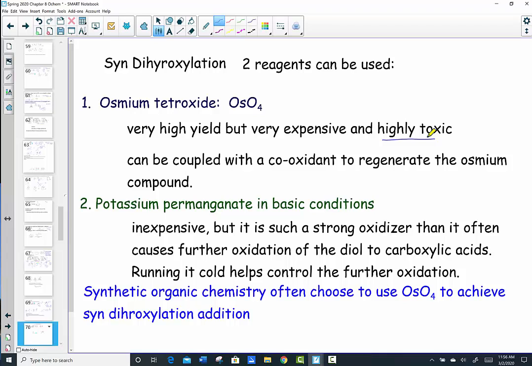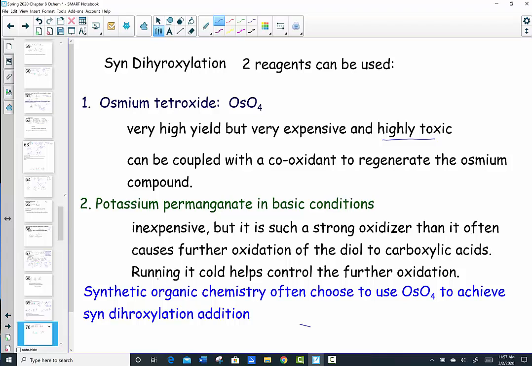Potassium permanganate in basic conditions is very inexpensive, but sometimes hard to control. It's such a strong oxidizer that it often causes further oxidation of the diol into carboxylic acids.